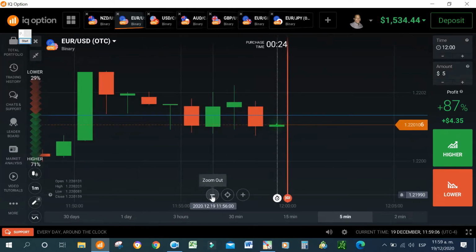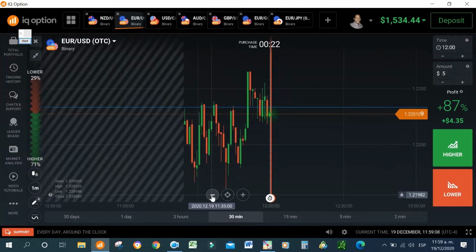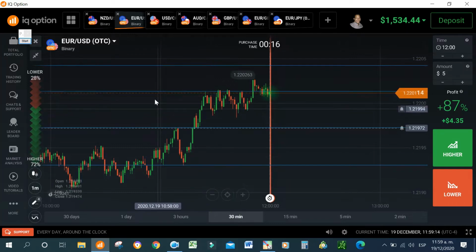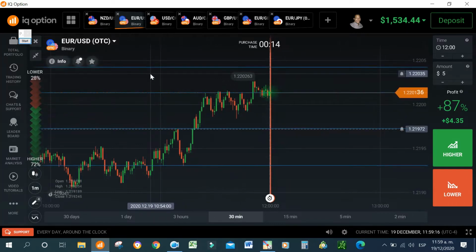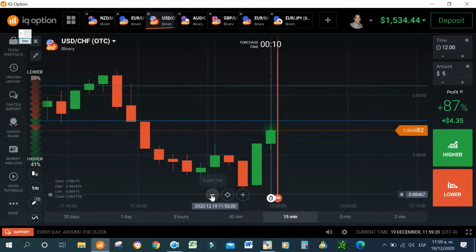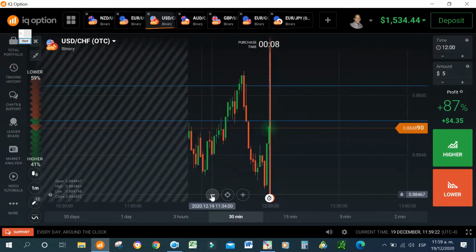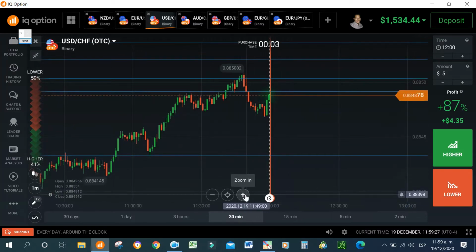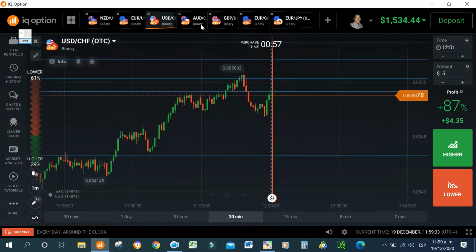Okay, so I already placed all my resistance and support level on every chart that I'm going to trade with. These are the pairs that I'm going to trade. I'm going to trade with the breakout and trend reversal point.